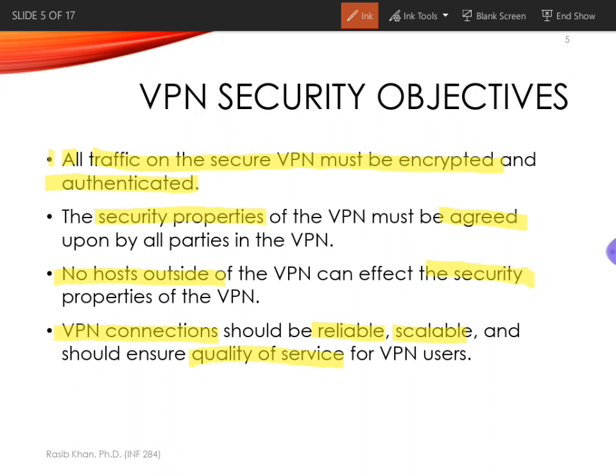Scalable means that if there are multiple nodes connecting, the VPN server should be able to accommodate the increasing number of nodes. And ensuring the quality of service implies that when we have multiple nodes in a VPN, the quality of service should not degrade for any exchange of information happening over the VPN network.